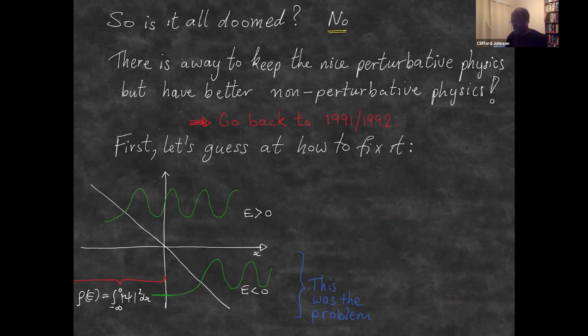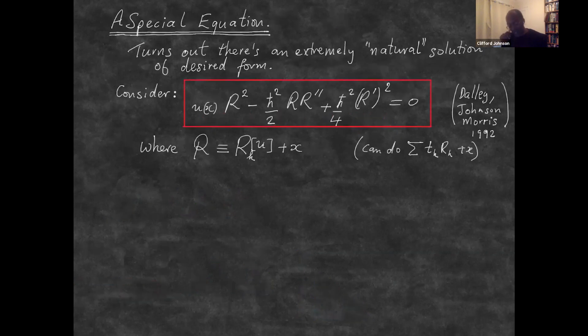Find a way of not having wave functions coming in that negative energy region. You wouldn't have those tails, and you wouldn't have those exponential instantons telling you about tunneling to a different area.